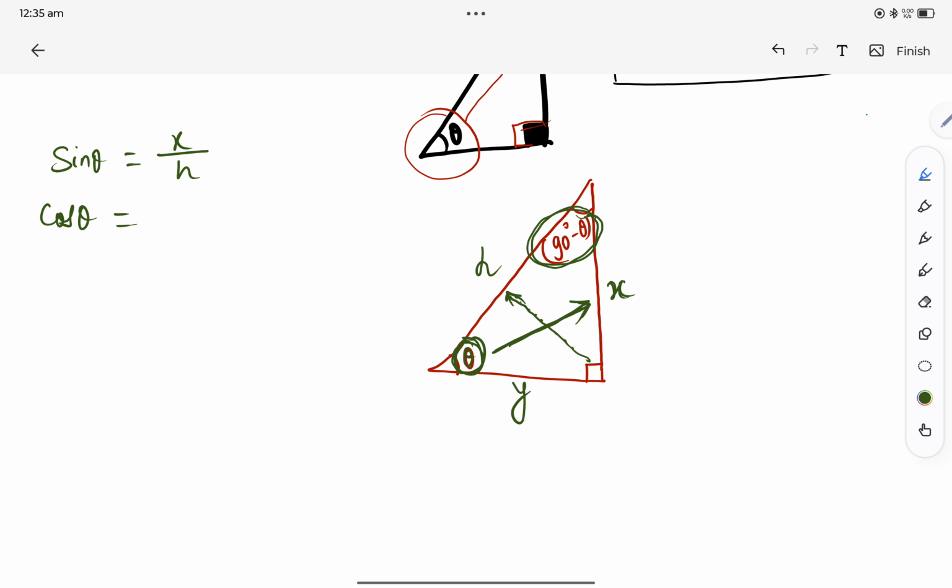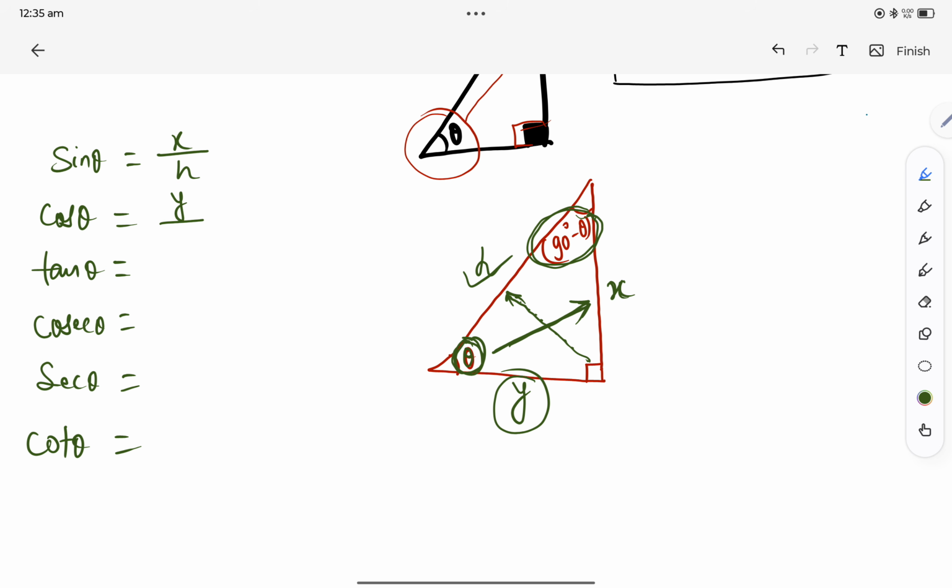Similarly, you can define cos theta, tan theta, cosec theta, sec theta, and cot theta. Cos theta is defined as adjacent over hypotenuse, so it is y over h. Tan theta is defined as perpendicular over base, that is the side opposite to the angle and the adjacent, so it is x over y.